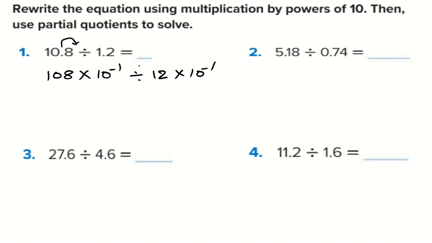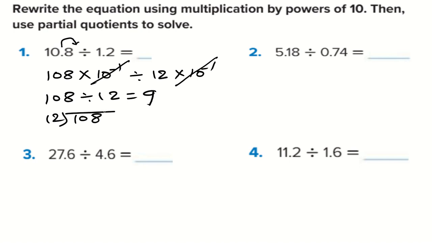So you see the power of 10 is the same, so cancel it. If the power is the same, then cancel it, okay? So this is 108 divided by 12 and that is 9. Because if you divide 108 by 12, the quotient will be 9.